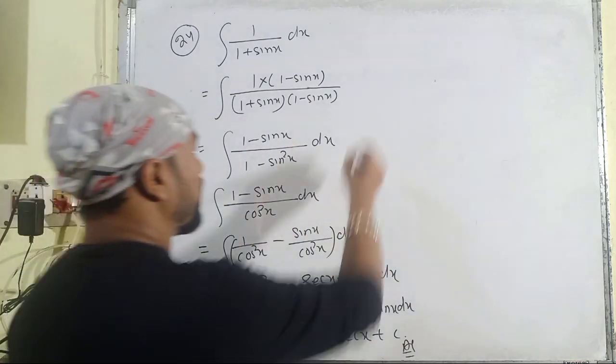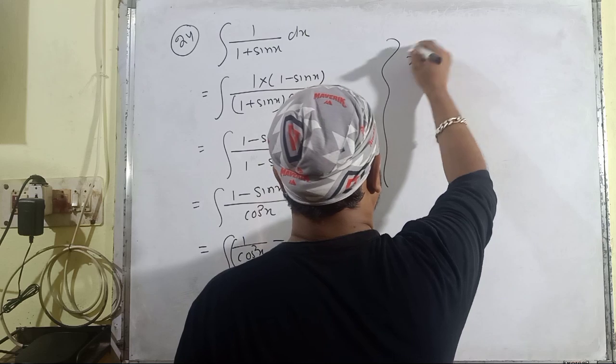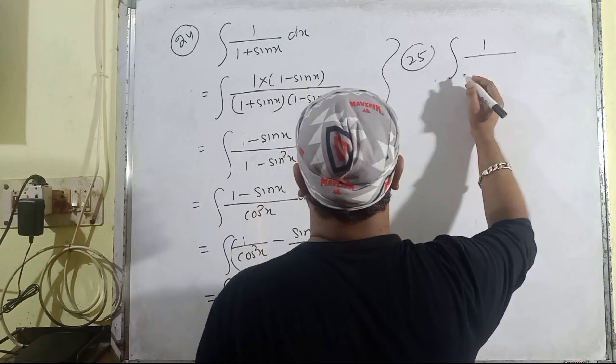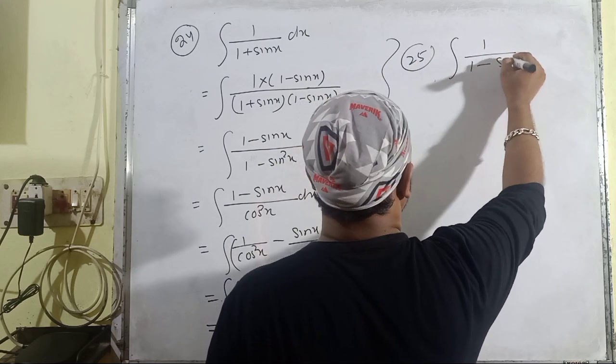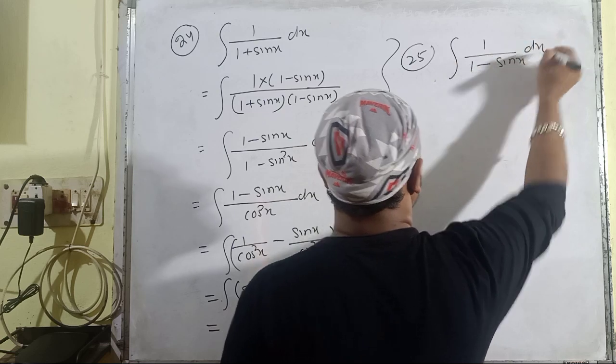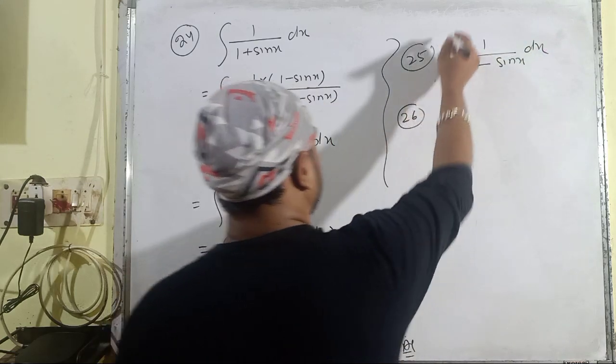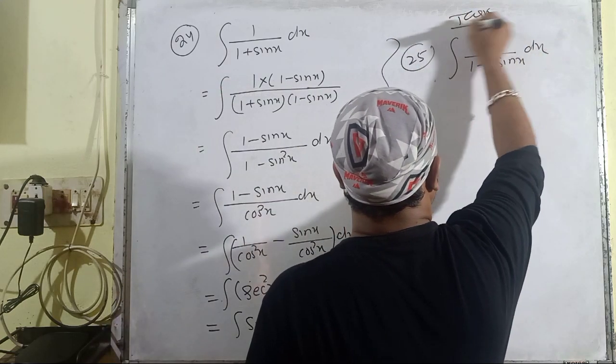Then the task is for you to integrate 1 upon (1 minus sin x) dx, as number 25.